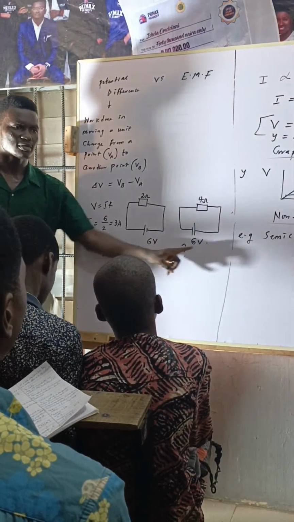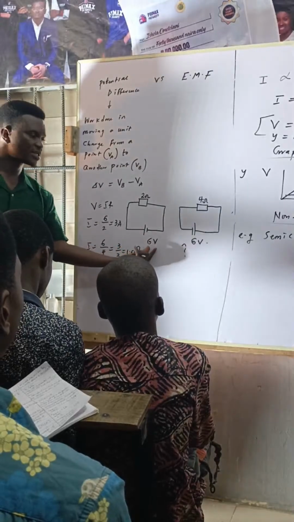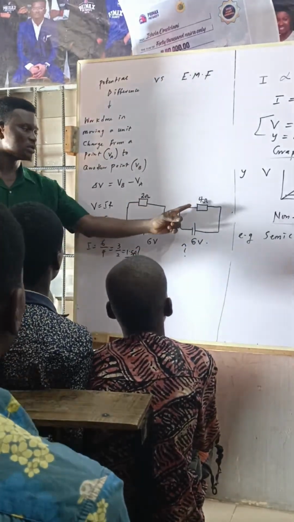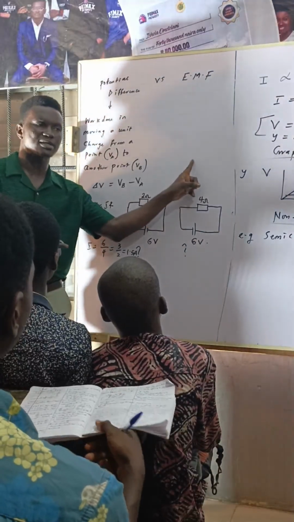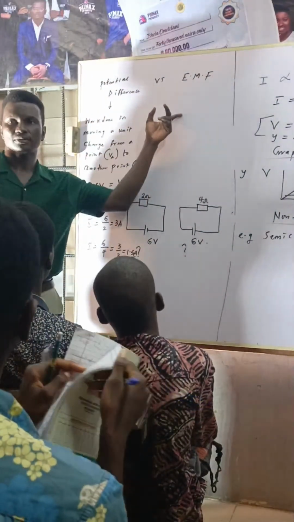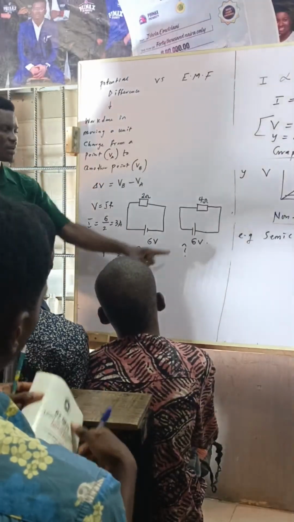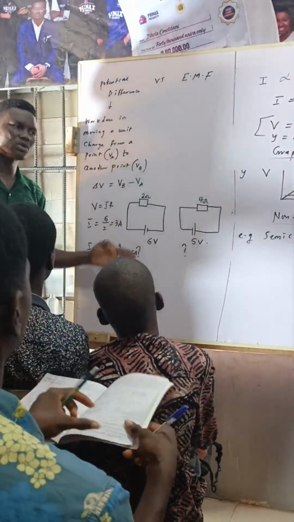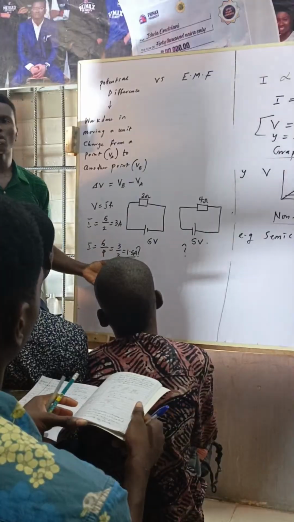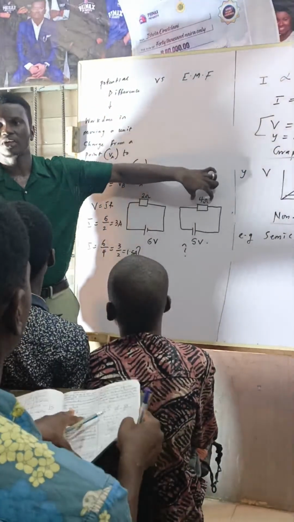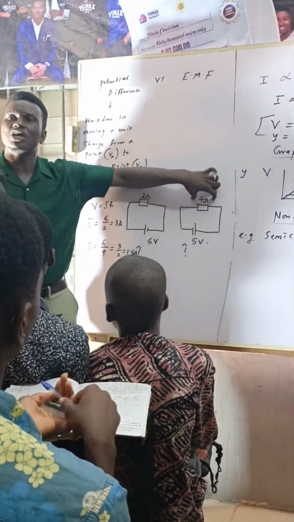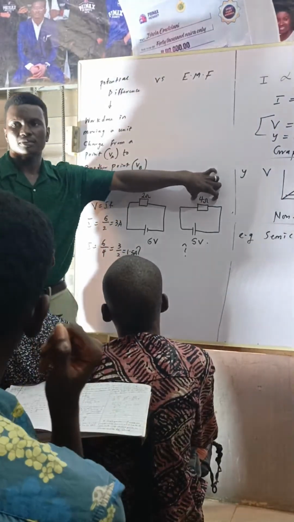Can you now say this 6 volts is directly proportional? That means that if you say something is directly proportional, the higher the resistance, the higher the voltage. Do you get that? But for same voltage, what is it affecting? It's only affecting the current flow. But if you are to measure the voltage across this resistor, then if the resistance is higher, you will have to do greater work.